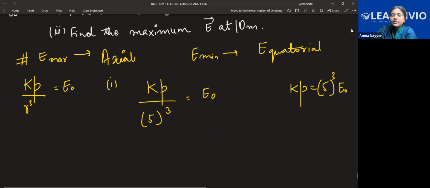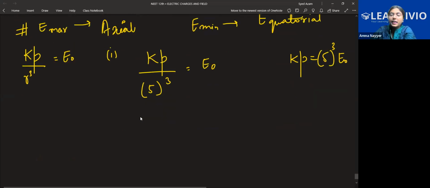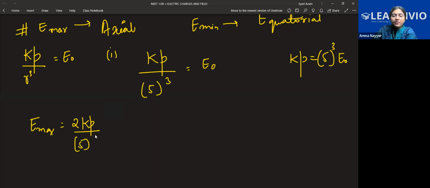Next, if this is the relation, now see. For the maximum electric field at a distance of 5 meters, we will calculate this, in terms of E naught, we have got it. Now for the electric field maximum that we have to get, it will be 2kp by r cube, that is 5 cube.